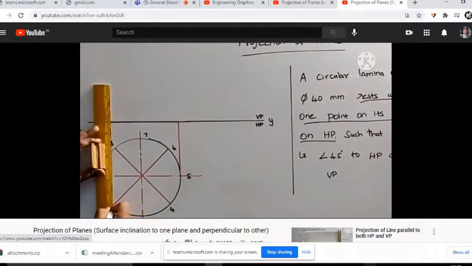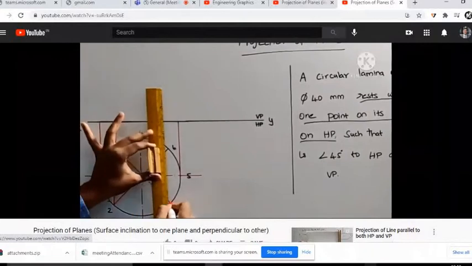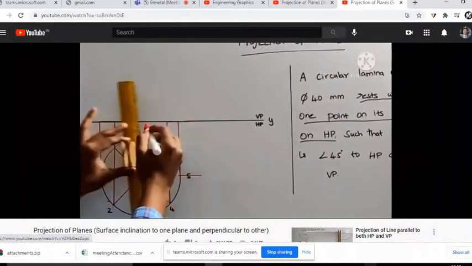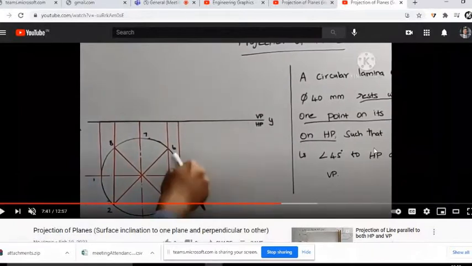Then from all the identified imaginary points, I will transfer the points to the front view as well. My question is, in the front view, which points will be visible? Whether 8 will be visible in the front view?